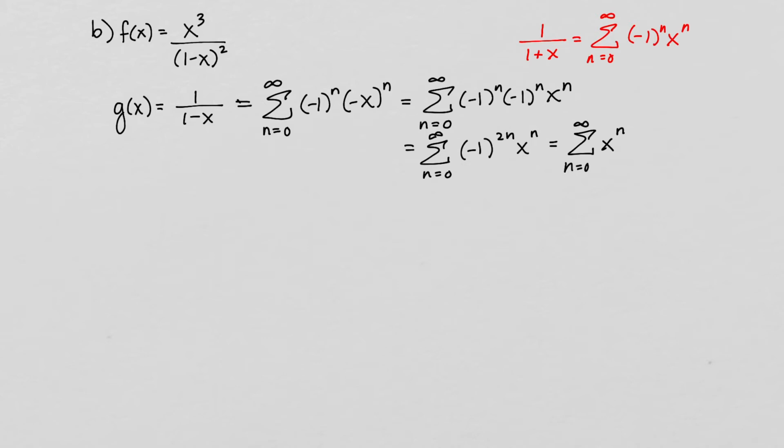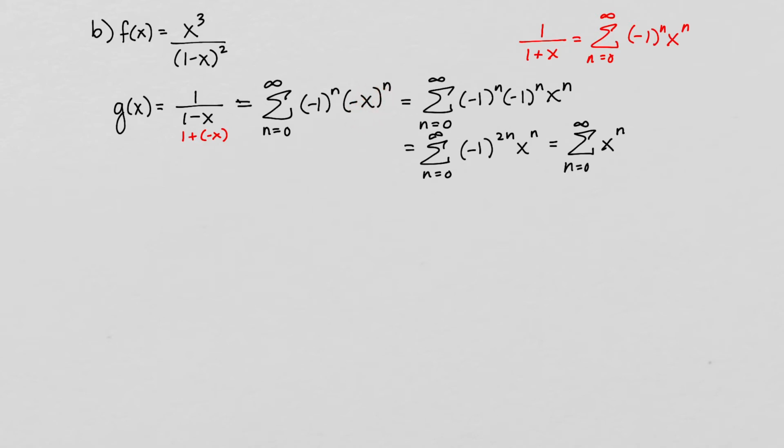The second one here, this negative 1 to the n just comes from my formula. The minus x, that's because my formula is a plus x. So really what I'm doing is thinking of this as 1 plus negative x. That's how I get negative x to the n.